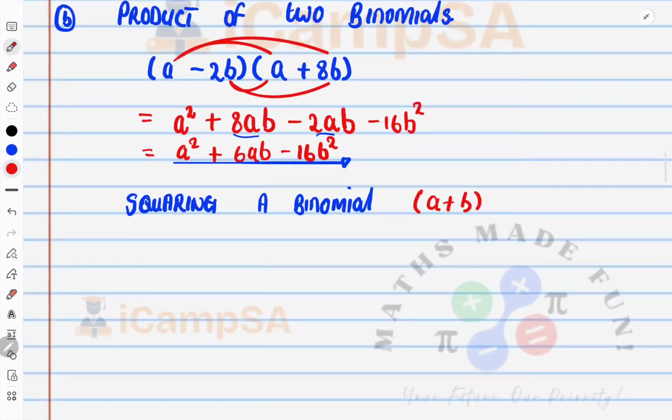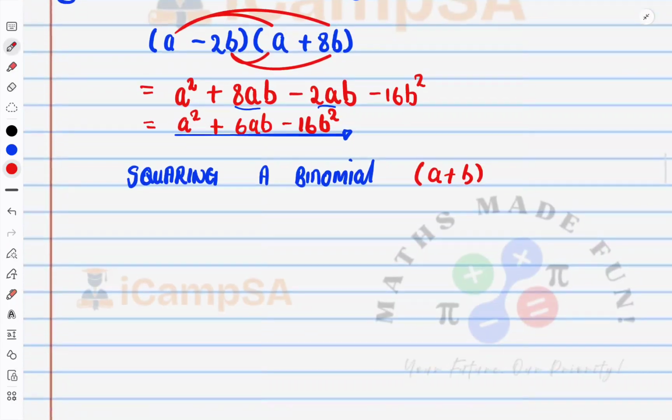That is what we call a binomial, and once it has more than 2 terms, it is called a trinomial. More than 3 terms will be called a polynomial. It's an expression with many terms, so a binomial is just an expression with 2 terms.